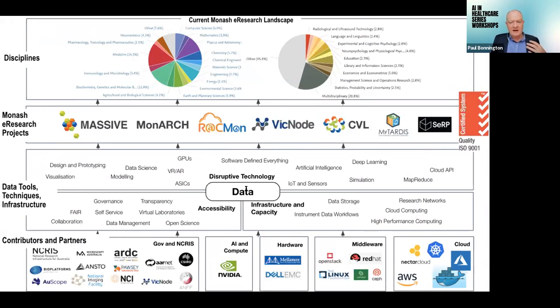And so our focus as an eResearch Centre over the past decade is how do we increase accessibility to that? What are the technologies that are going to disrupt how we deal with data? And then what is the infrastructure and things you've got to line up to make it work, to build your pipelines? So that has led to what we do within an eResearch Centre to be divided into projects.